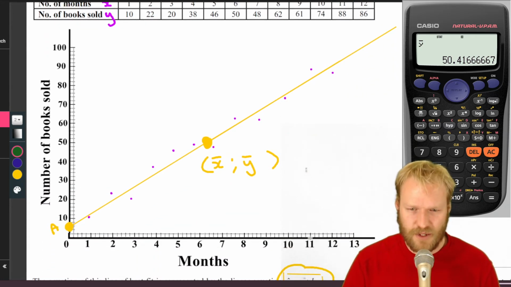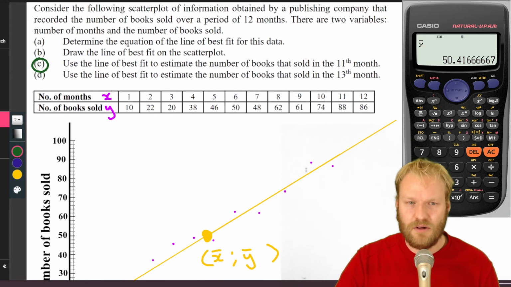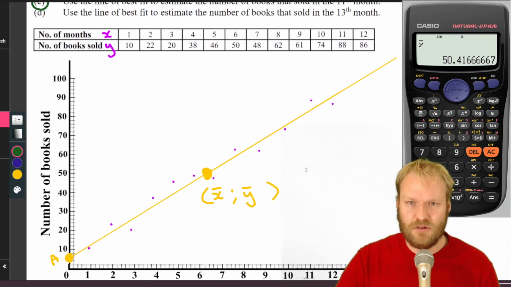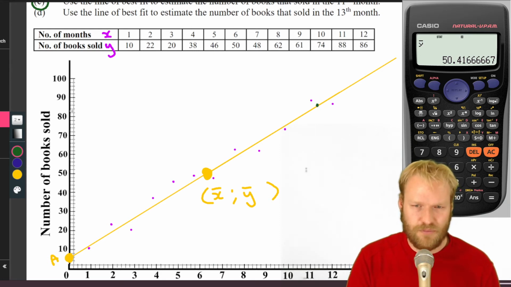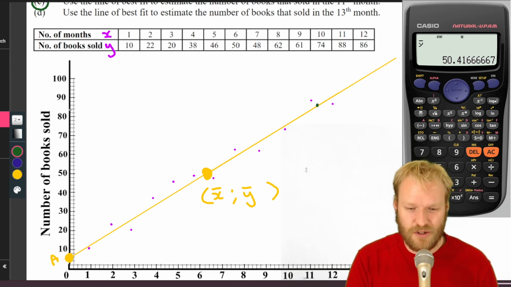So the 11th month, what we could do is look up at 11 and go, well, according to our graph, 11 there corresponds with, I don't know, 81, 82, somewhere over there, I'm not quite sure. So that doesn't feel like a very reliable way of getting your ruler out and going along.